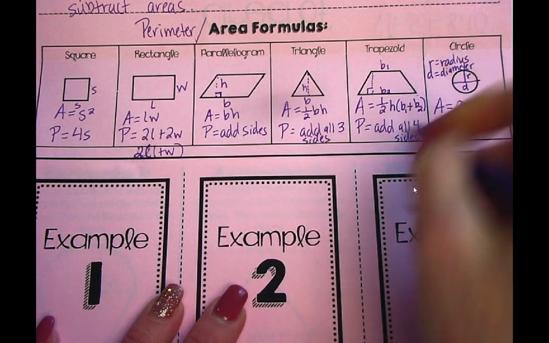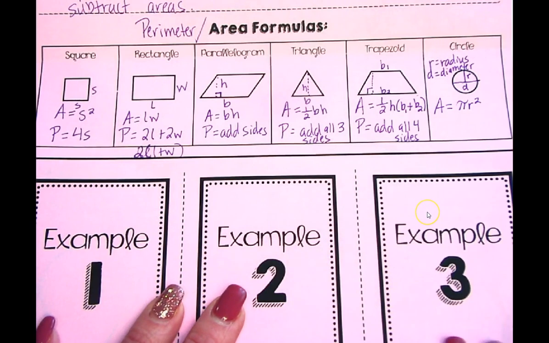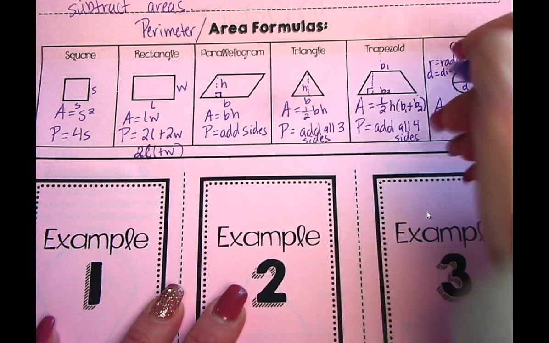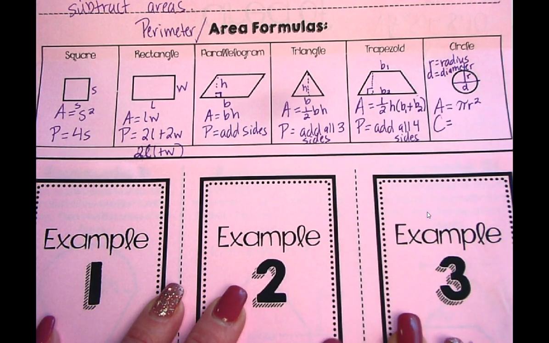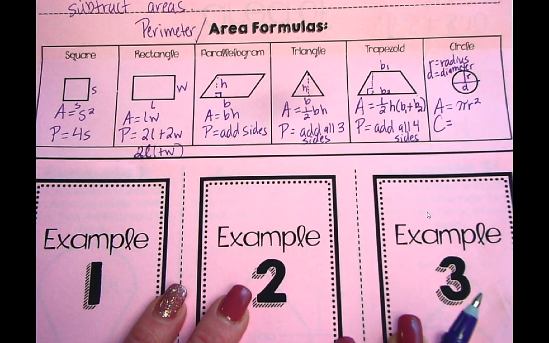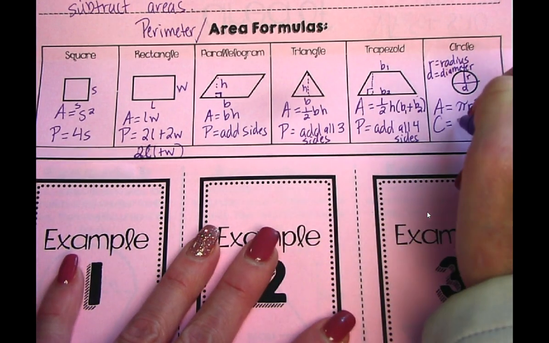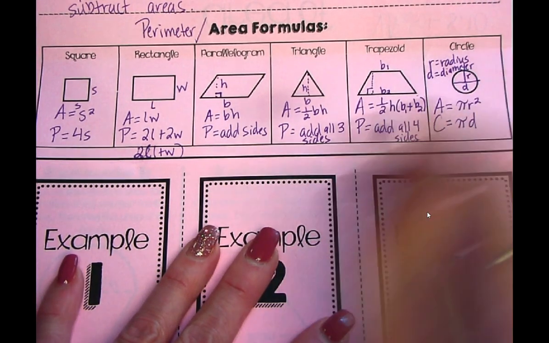And to find the perimeter, we don't say perimeter of a circle. Does anybody know the word that we use for the perimeter of a circle? Circumference, yes. So we use a C for circumference. We have 2 formulas for circumference: one when we have the radius and one when we have the diameter. If we have the diameter, it's pi times diameter.